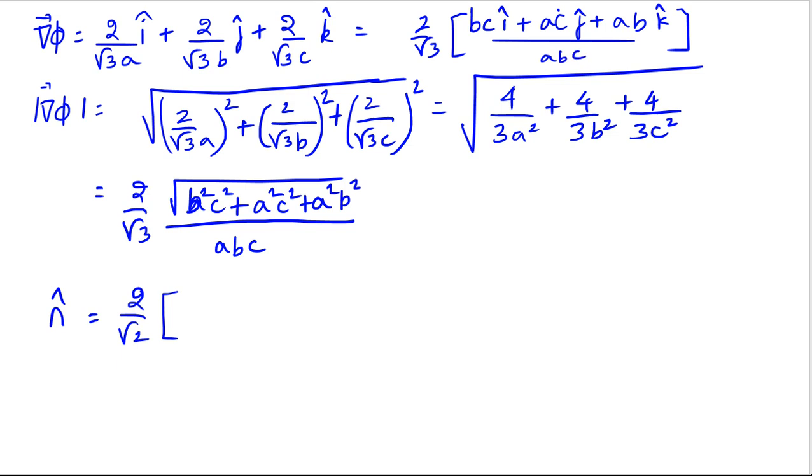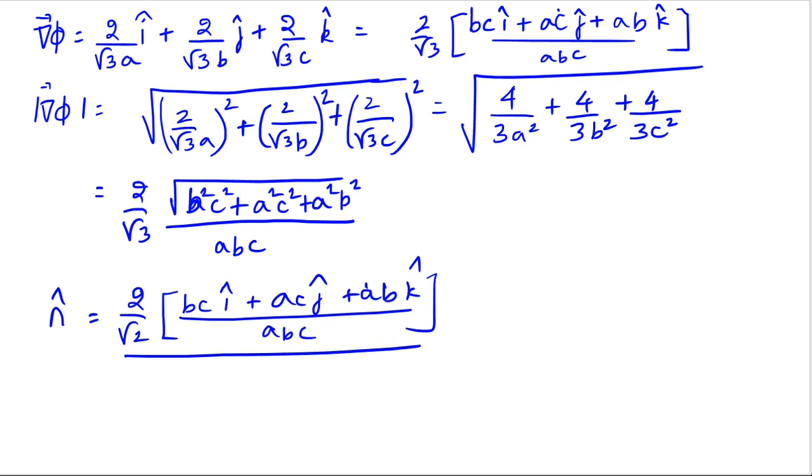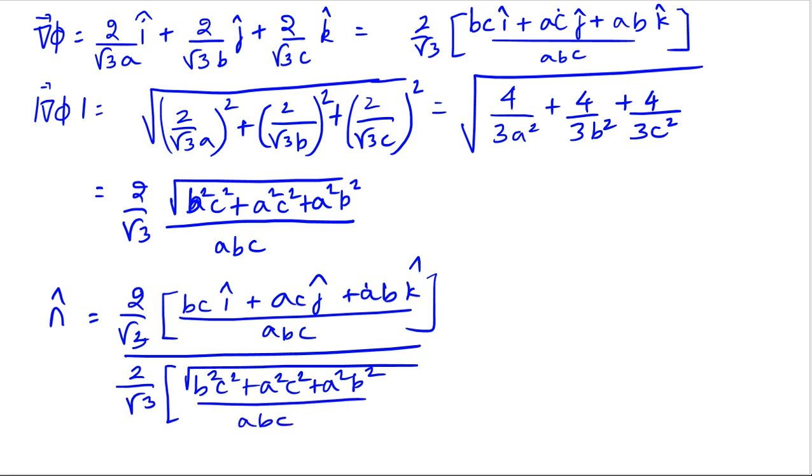So this is what will be your del phi after taking the LCM. So I'm going to write the same over here, divided by 2 by root 3 and this whole thing divided by abc. I can cancel this abc and abc.